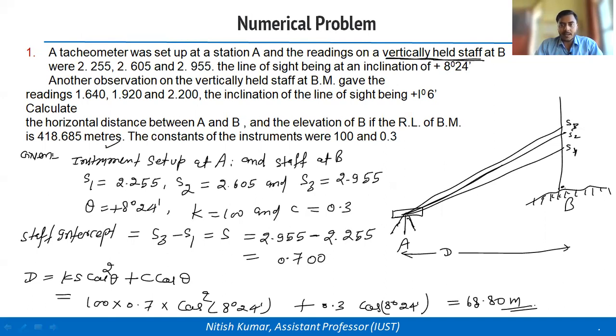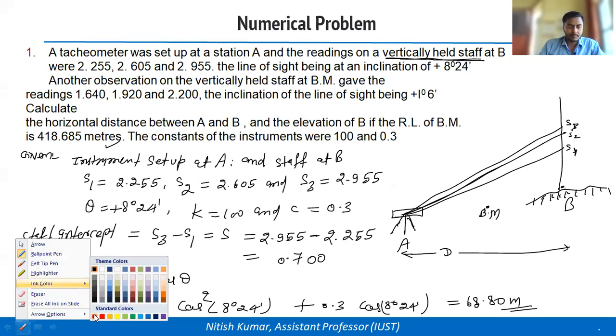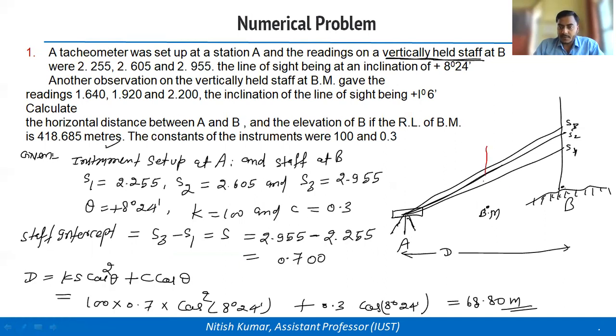The RL of the benchmark is given. The constant of the instrument is again the same for both sections because we are using the same instrument. Okay, so for that, what can we calculate? See here, let us say somewhere the instrument is here, the benchmark is here, and we kept the staff here.